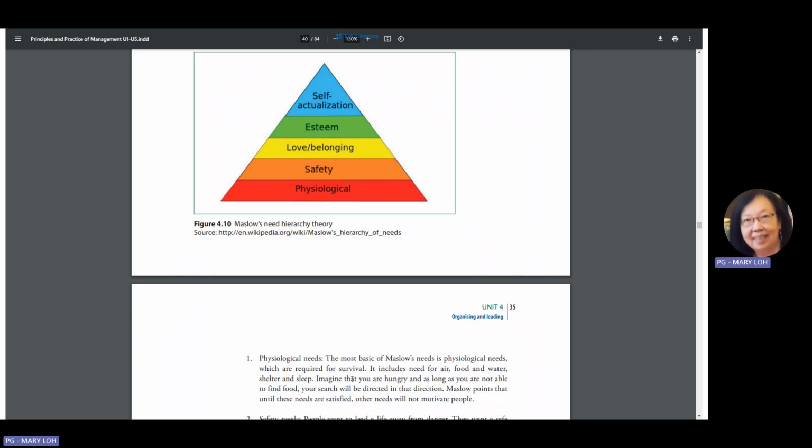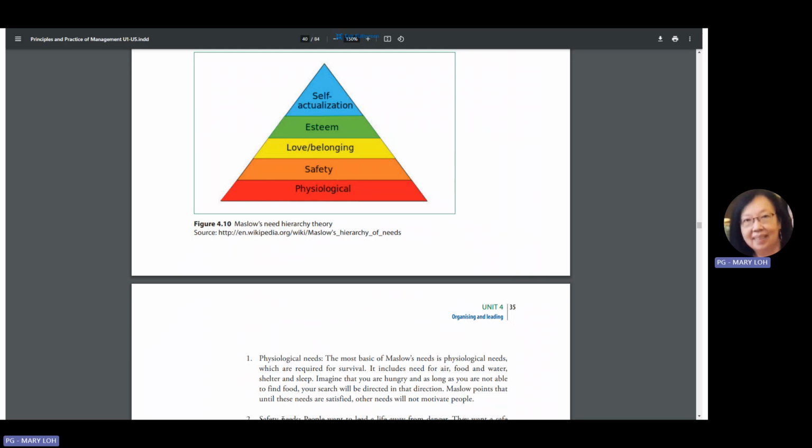So this is how you relate this theory to motivate your staff. This is mainly for the junior staff, those at the lower level who are not so skilled, not so highly qualified.